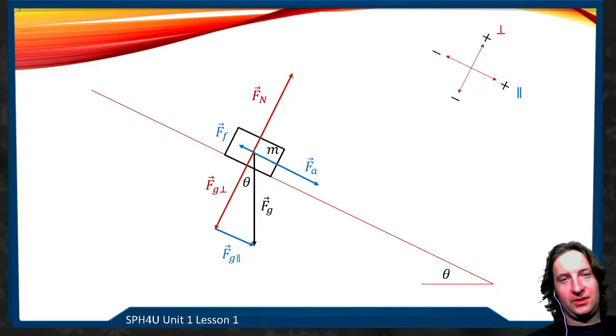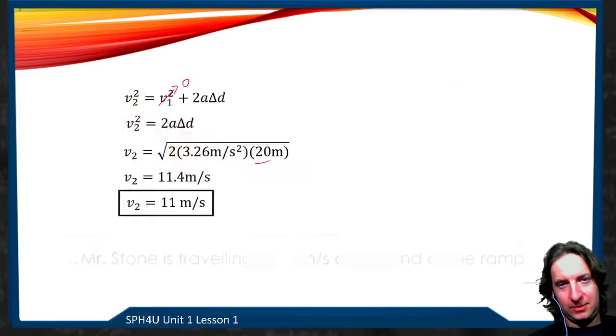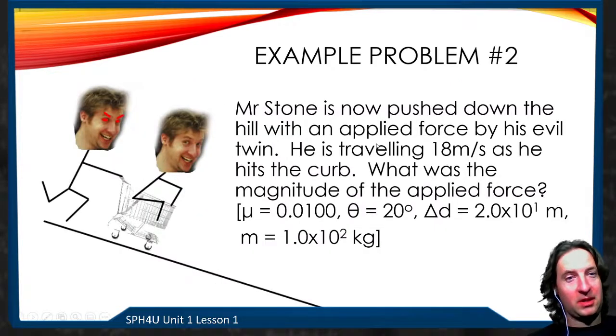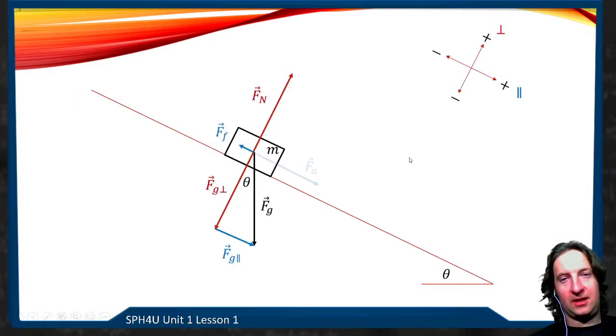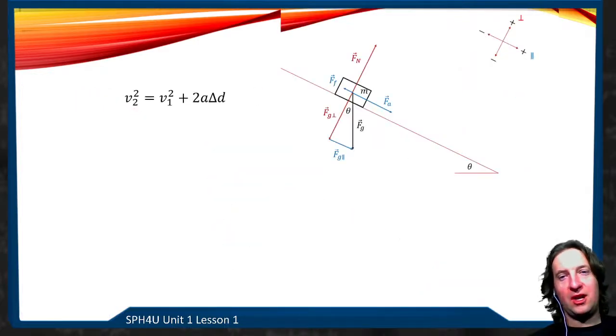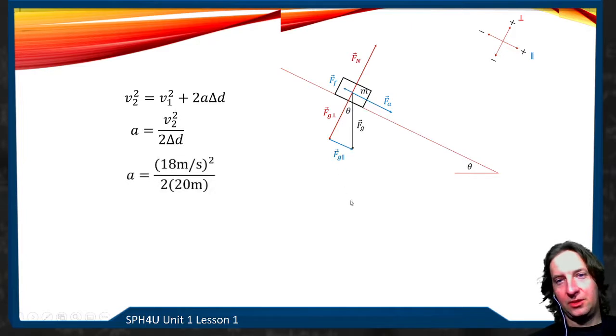All right, so since we know the velocity in this case, and it's asking for, what is it asking for? Let's go back here. What was the applied force? So we're going to go backwards in this case. So we're going to take our problem and start with our kinematics. We know the final velocity, so let's find the acceleration. So I'm going to solve my kinematic equation.